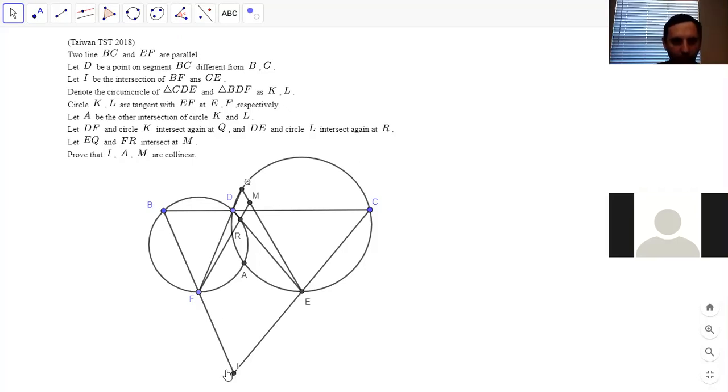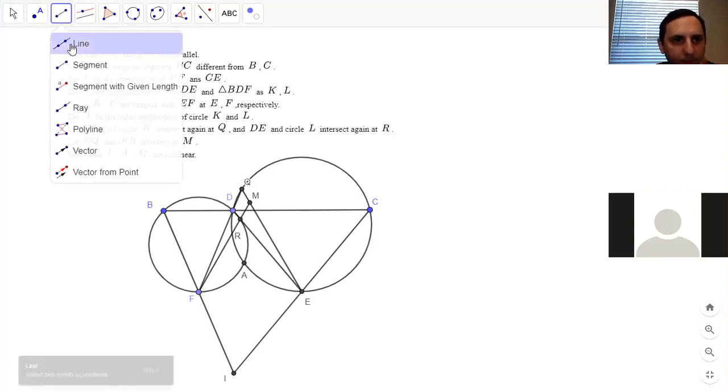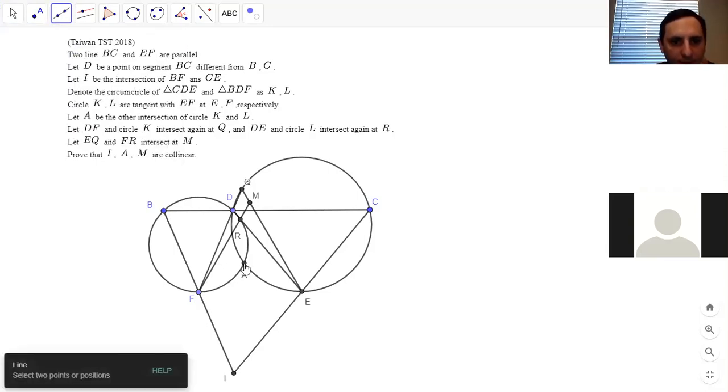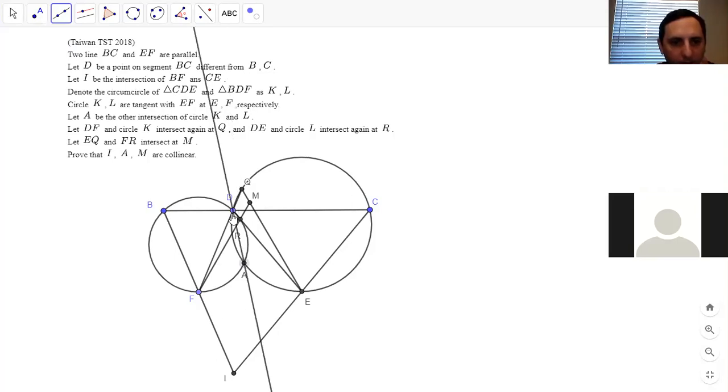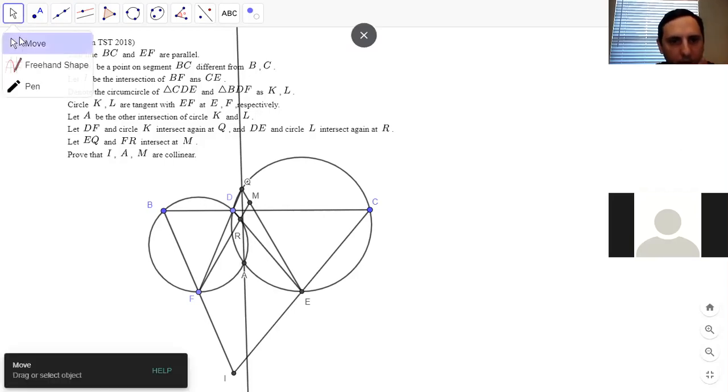Interesting diagram. Can we say anything about point A? Is AQ perpendicular to BC? I would be very surprised if that were true. I don't think it can be, because then by symmetry, I think we'd have AR.